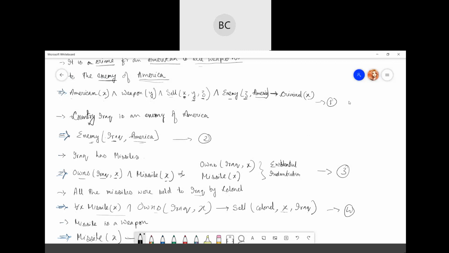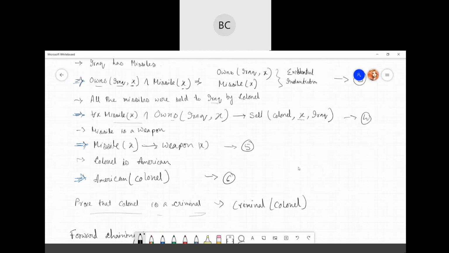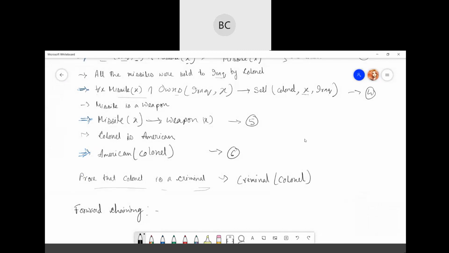So you always start from the lower ones. Lower ones means the small facts, those that are already true before going to the big one. So what are the main things here? First fact is American Colonel.